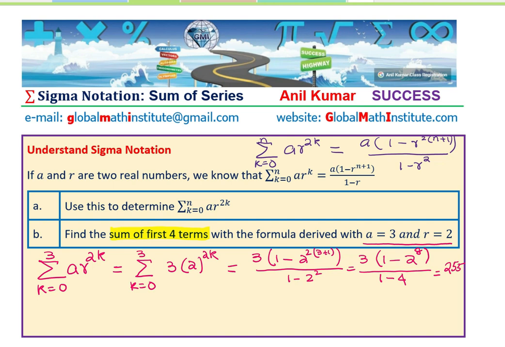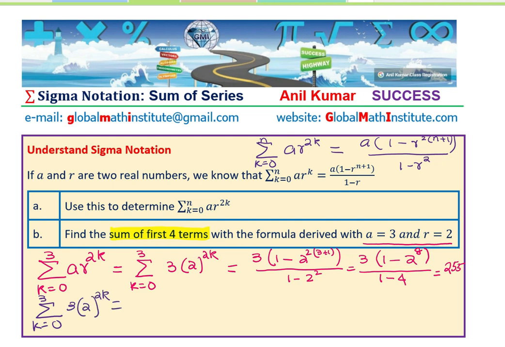We can also check whether this is the correct result. If I expand otherwise and write all the terms, when we are adding from k equals 0 to 3, the terms are 3 times 2 to the power of 2k.